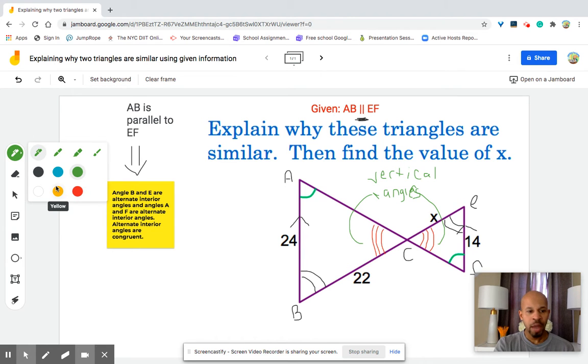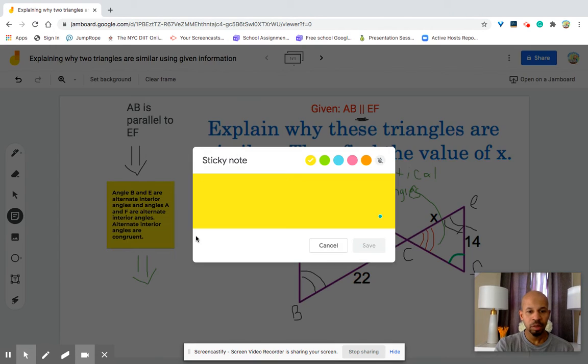Now, as a result of this, we can make a conclusion. We can say triangle ACB. The order matters, guys. The order matters. This is a similarity symbol, the little curly line or squiggly line is what I call it as well.